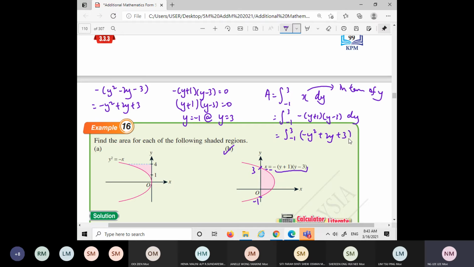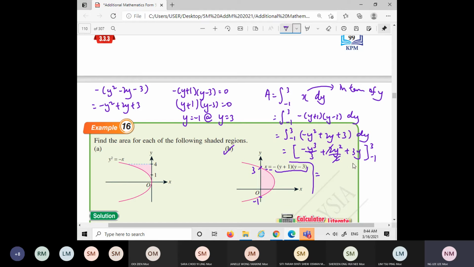This is before you integrate. After you integrate, you put this: 3 over 3, 2 over 2, 3y. Now you can integrate y with respect to y, but you cannot integrate x with respect to y. So continue.